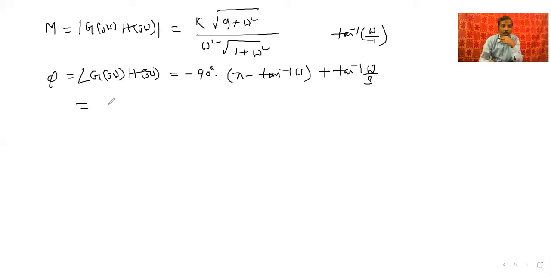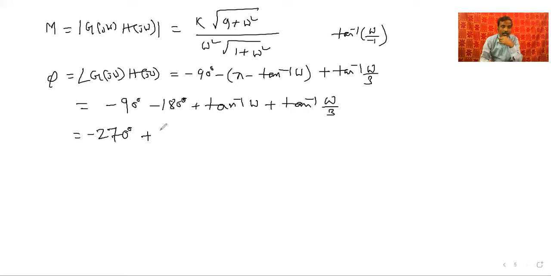And this is equivalent to minus 90 degree minus 180 degree plus tan inverse omega plus tan inverse omega by 3. Then this is equivalent to minus 270 degree plus tan inverse omega plus tan inverse omega by 3.